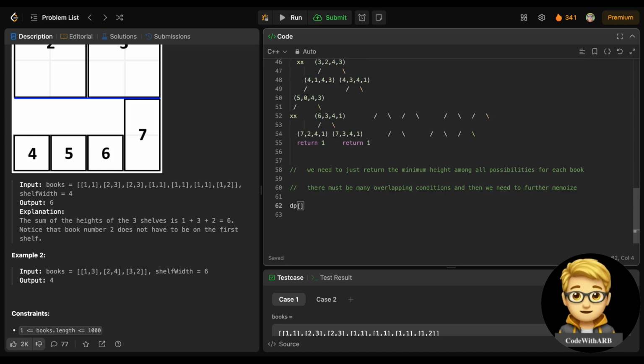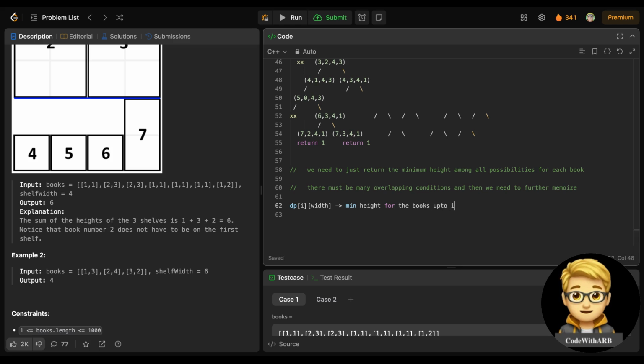So what is changing? This i of book is changing, and the width is changing, right? This is the dp of i and width. And what is it representing? It is representing the minimum height of the bookcase which contains books up to the ith book, for the remaining width, the remaining surface space.